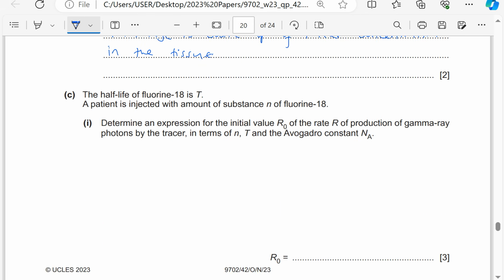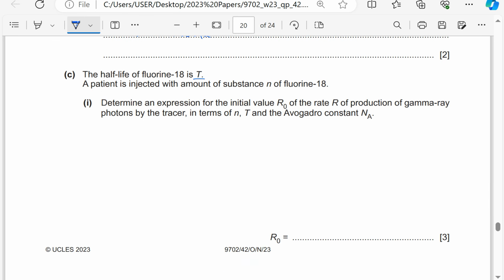Then the half-life of fluorine-18 is T. A patient is injected with an amount of substance n of fluorine. Determine an expression for the initial value R naught of the rate R of the production of gamma ray photons by the tracer in terms of n, T, and Avogadro's number Na.